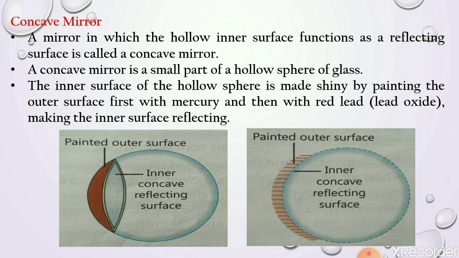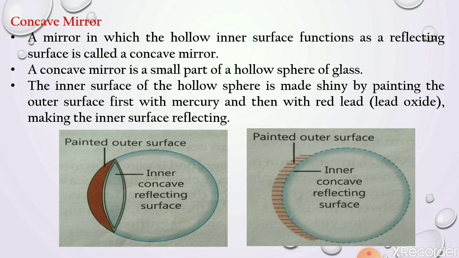So first of all we will see the concave mirror. A concave mirror is a mirror in which the hollow inner surface functions as a reflecting surface. The concave surface means it is bent inwards.